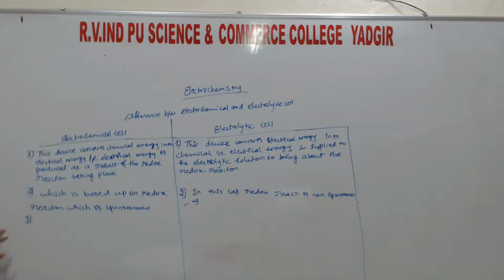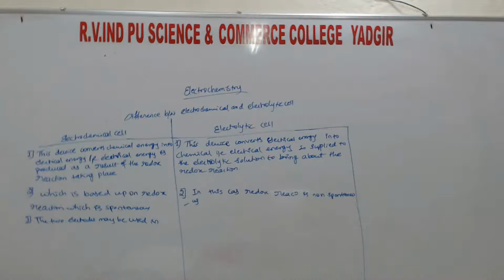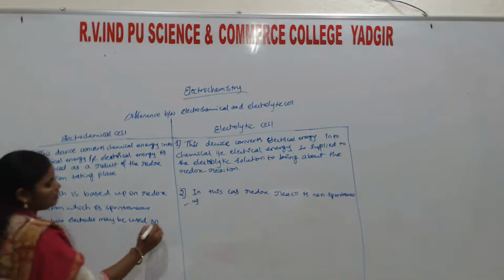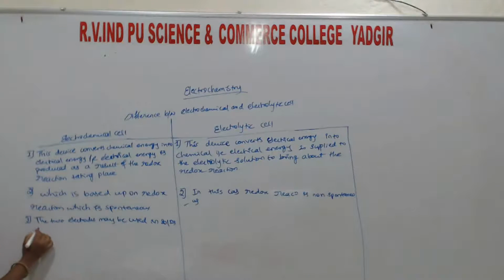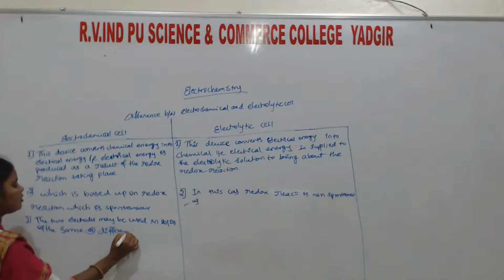Third difference: in the electrochemical cell, the two electrodes may be used in solutions of the same or different electrolytes.